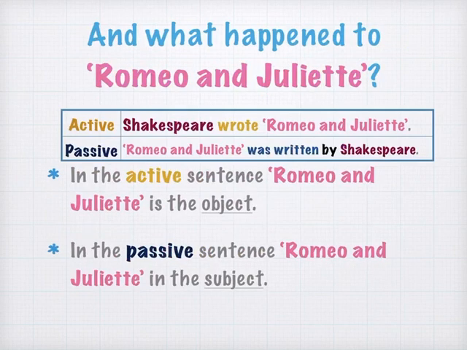And what happened to Romeo and Juliet? If we look at the active sentence, Shakespeare wrote Romeo and Juliet, it is the direct object. In the passive sentence, Romeo and Juliet is the subject. Now, can you see the difference?